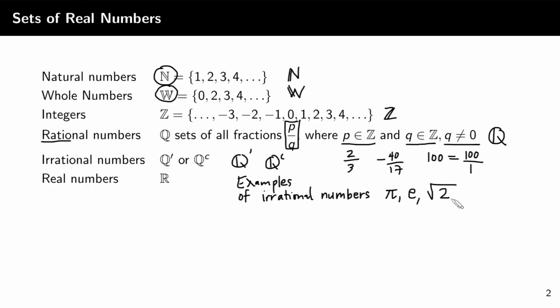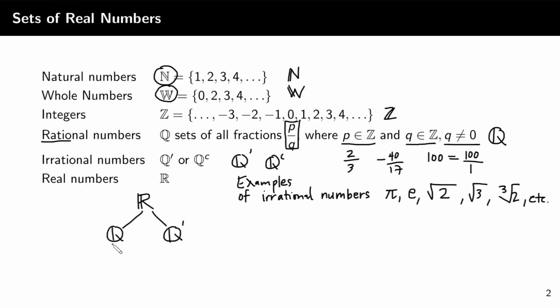Square root of 2, for example, square root of 3, cube root of 2, and etc. So these are irrational numbers. Now, if we combine the rational numbers and the irrational numbers, we will have the real numbers. So parang may ganito silang relationship. So yung R natin, real numbers, nahati siya sa dalawa, yung rational and then yung irrational numbers.